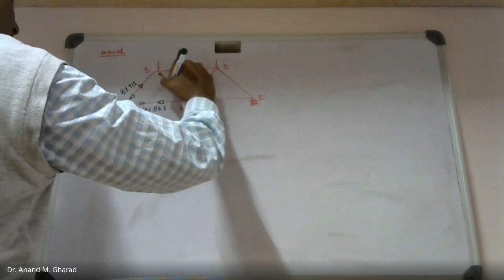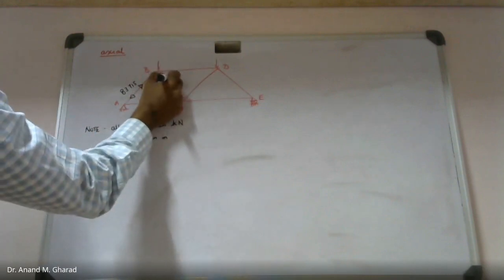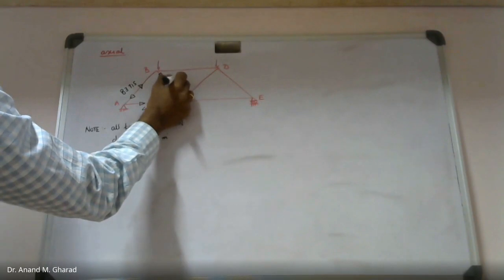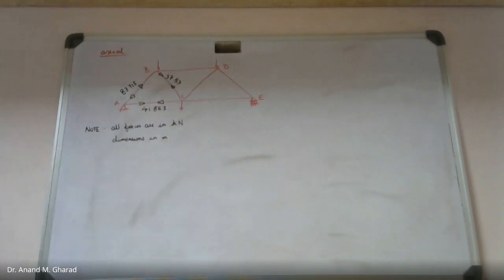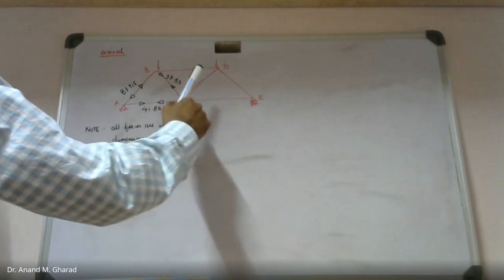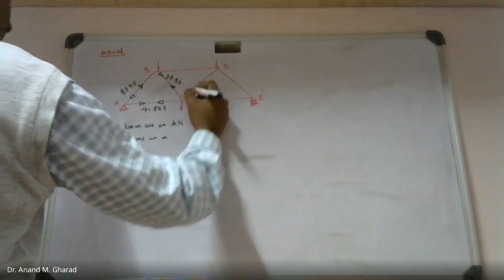Similarly, for member BC, the value is 37.526, or let me say 53. For member CD, I am getting this value to be 31.76.